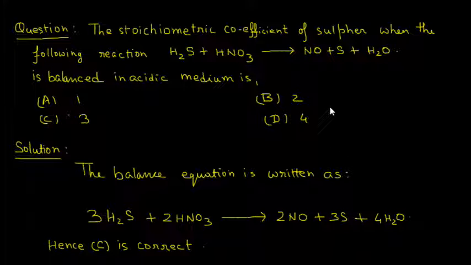We write the balanced equation, and the answer is C, 3. So we multiplied by 3. This is the option given in C.